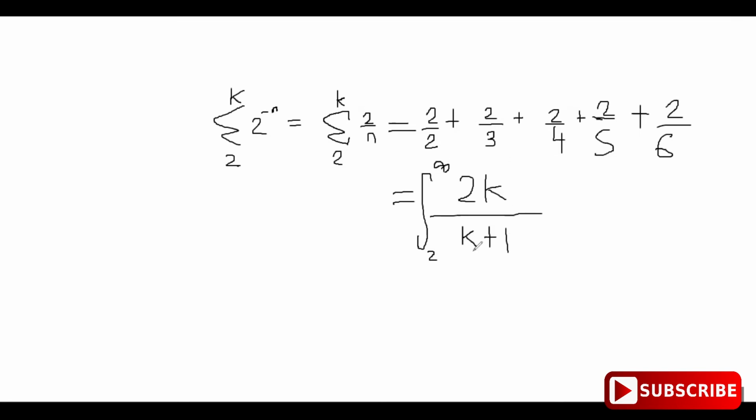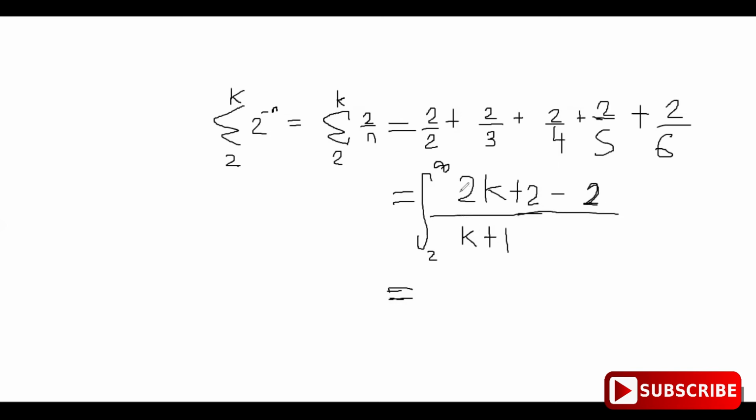So I can break up 2k over k plus 1 again. I can write this as add 2 and subtract back 2 in the numerator.